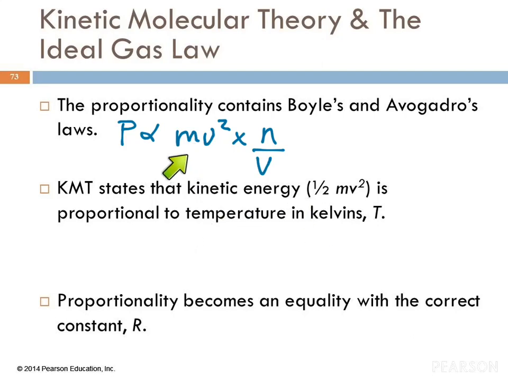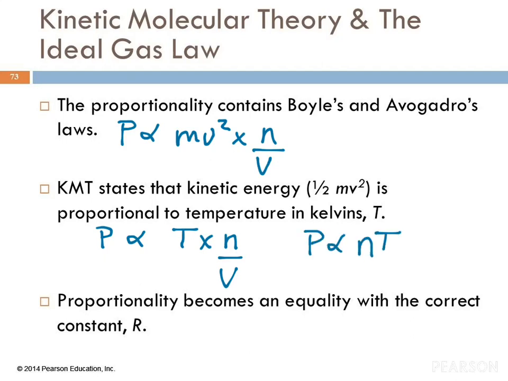Look, there's mv squared. The 1/2 gets rolled into the proportionality. So now we've got pressure being proportional to temperature times n divided by volume. The pressure is proportional to nT over V.